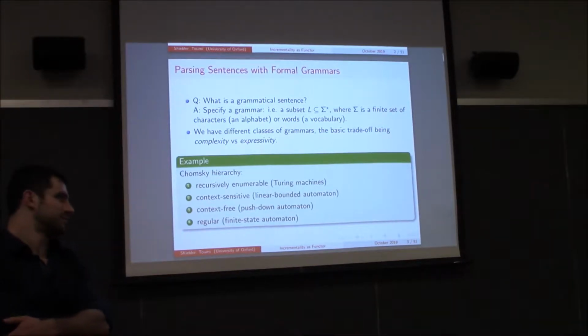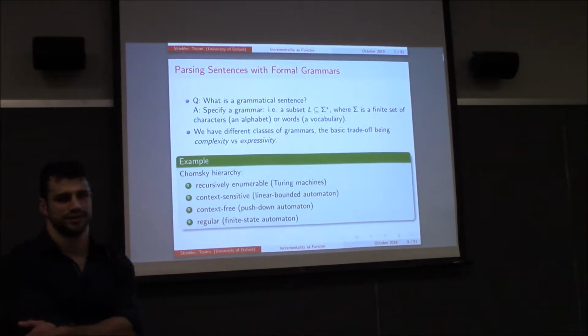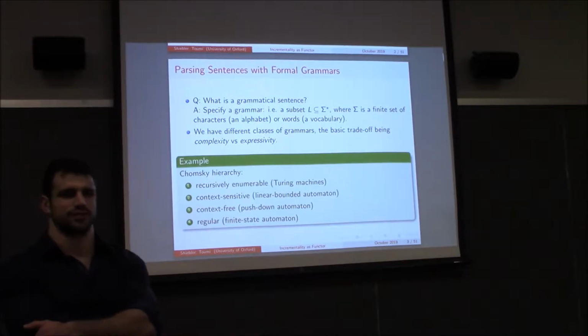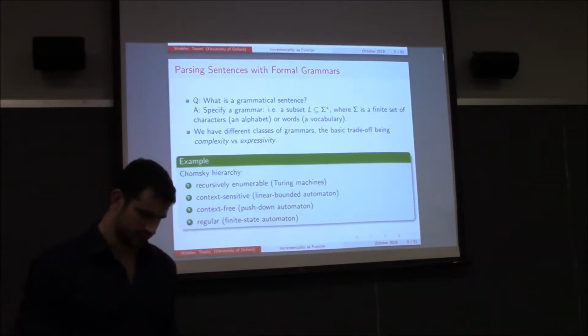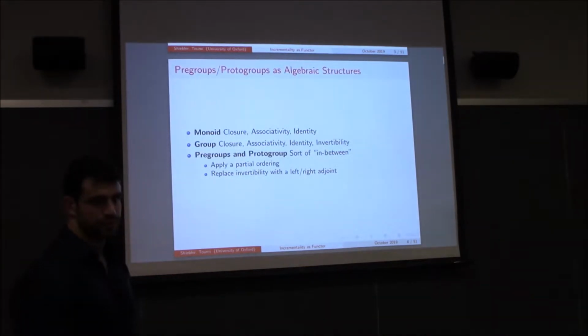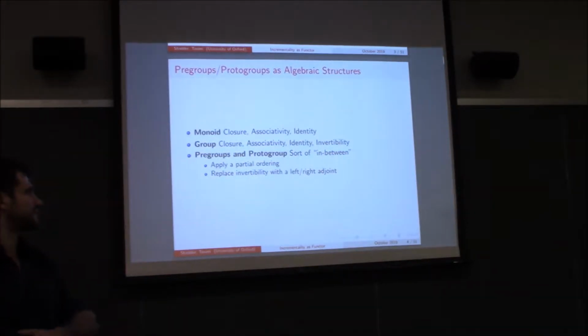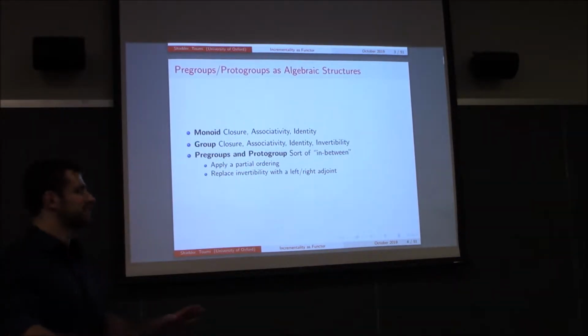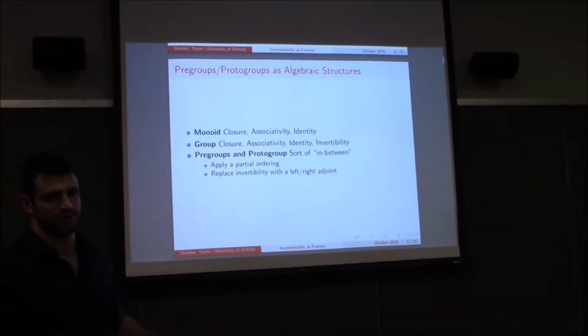But what we're going to go over right now is some of the ways that we can represent these sorts of things with category theory, and with monoidal categories in particular. So pregroups are this construct that is useful for representing certain kinds of formal grammars. And you can also think of it as an algebraic structure that lies somewhere in between a monoid and a group.